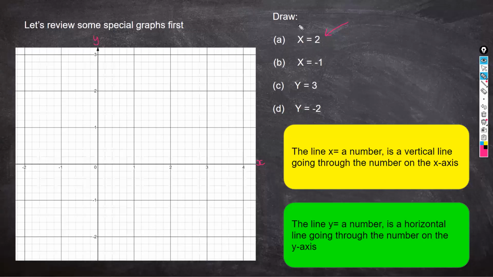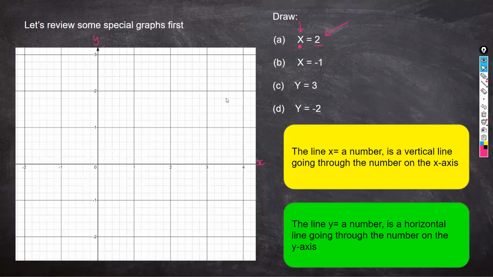However, you notice this equation is very, very simple. It only has one letter, which in today's question is x, and it's equal to 2. To draw this type of graph, no calculation is needed. The graph x equal to 2 is just a vertical line going through 2 on the x-axis.